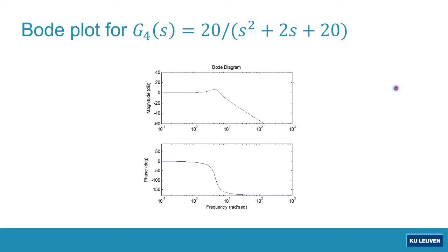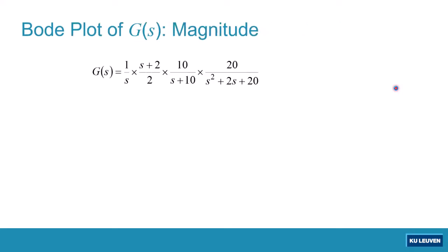So I know both plots of all of G1, G2, G3 and G4. The final step, if I want to find both plots of G(s), is that I will simply sum the plots of G1, G2, G3, G4, both for the magnitude and for the phase plots.